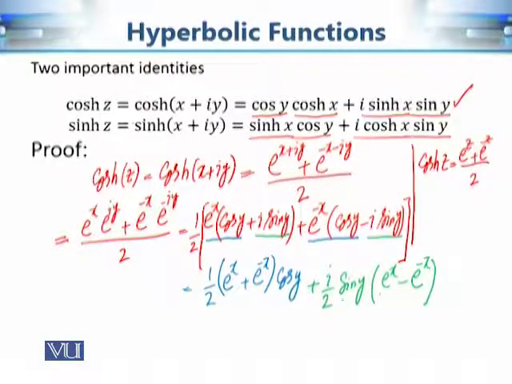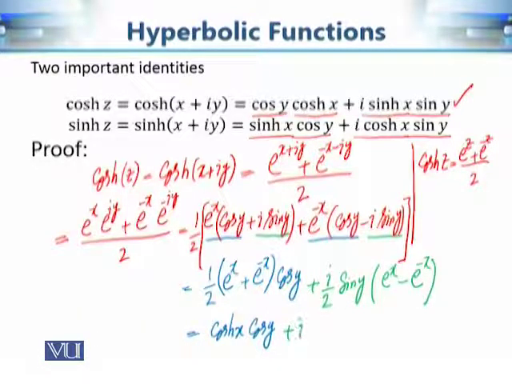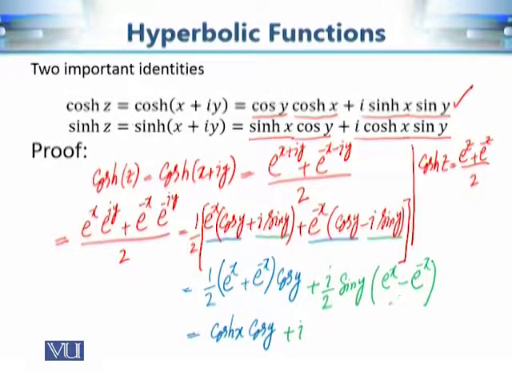Now what do we get? We get the following expression: 1 by 2 e raised to power x plus e raised to power minus x is cosine hyperbolic x. So we get cosine hyperbolic x cosine y, and in the next term we have iota, and e raised to power x minus e raised to power minus x divided by 2 is basically sine hyperbolic x.